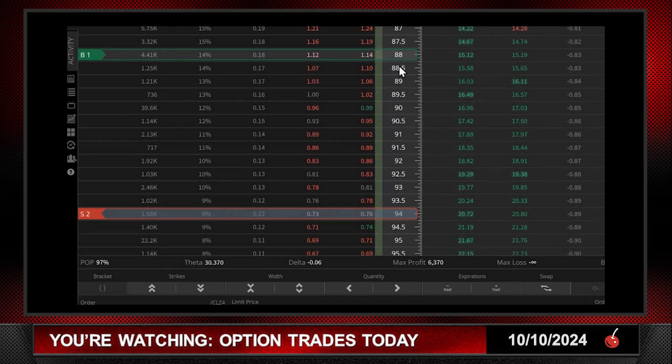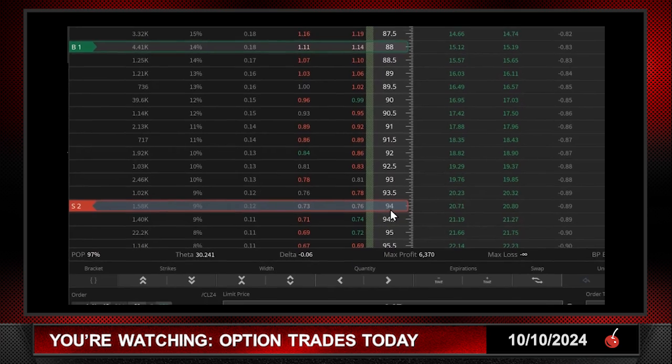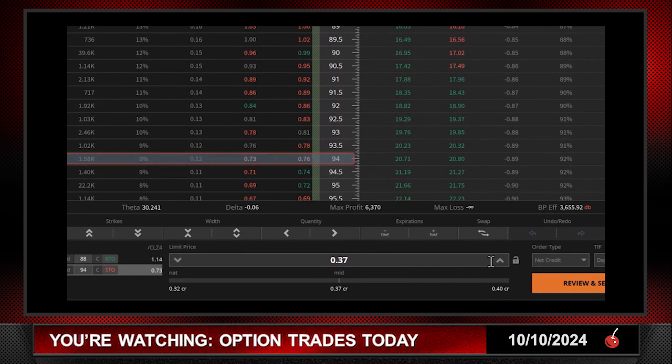I'll trade the 88 and a halves or 88s or 93 and a halves. Doesn't make a difference to me. But when the options get a little bit wider, the whole number options typically have tighter markets. So as a little kind of thing, I like to go into a tighter market. I got filled at 37 cents, I believe.